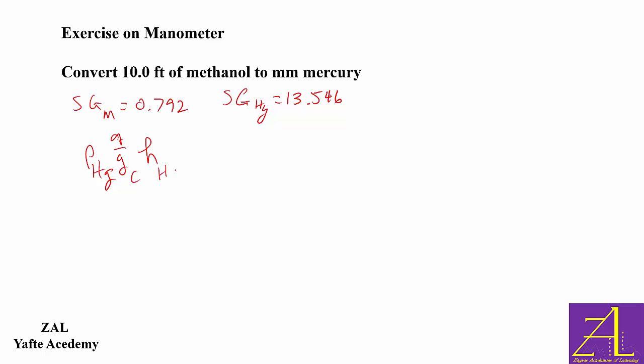Next, 10 foot of methanol to mercury. Let's look up the specific gravity of methanol as 0.792. Specific gravity of mercury 13.546. I have rho Hg G over GC H, that is a column of mercury. I want this to be equivalent to a column of methanol.